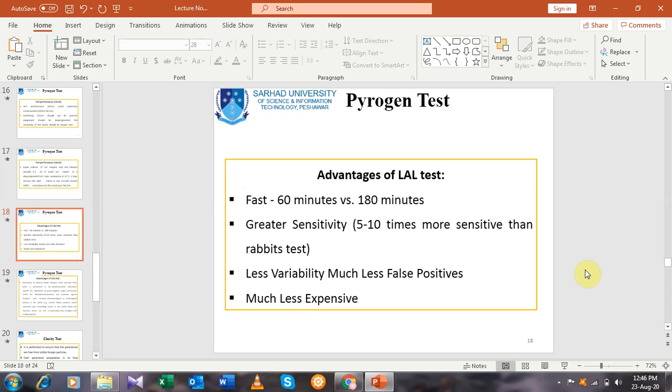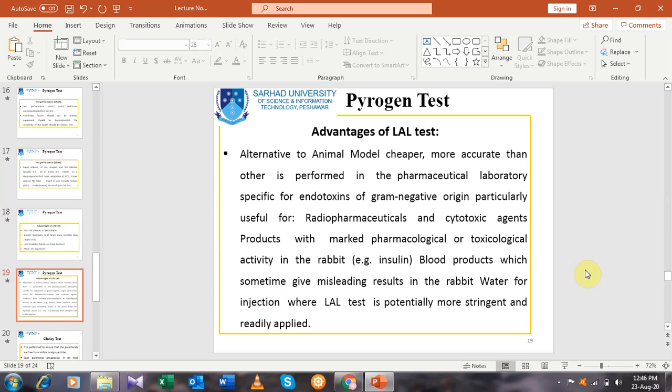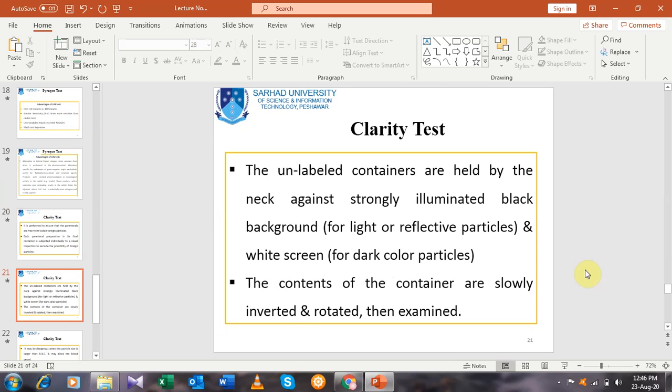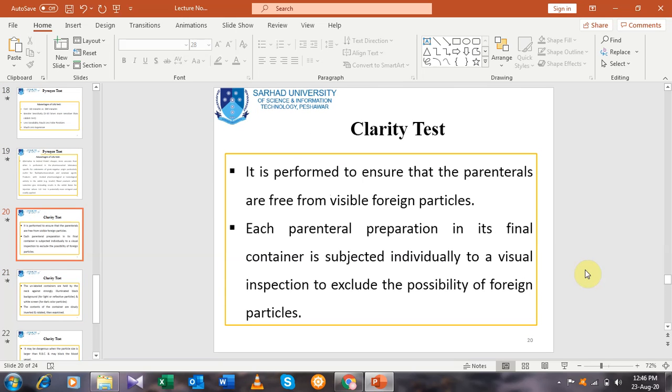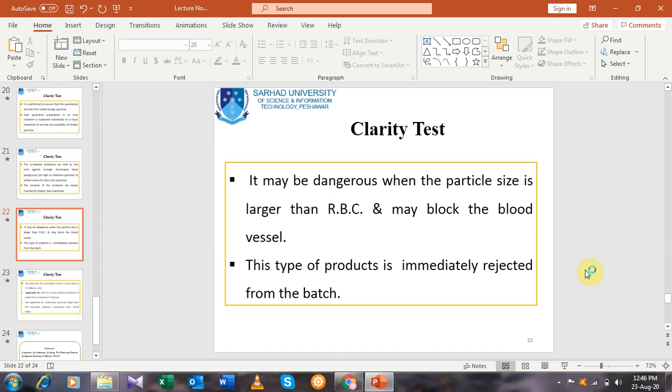Then I have told you about the different advantages of the LAL test, and the clarity test we have studied. It is done for the unlabeled container, and it is to check the foreign particles that are visible in the parenteral formulation. If the clarity test is not performed, there is a chance of particle size greater than the RBC, and that may cause blockade of the blood vessel.